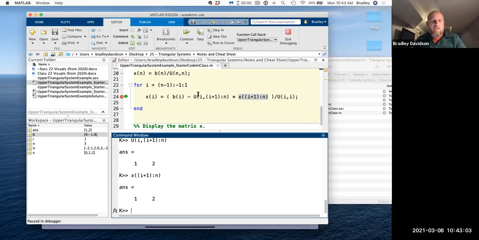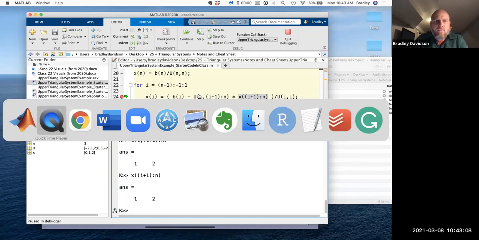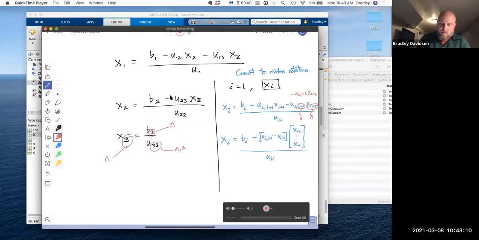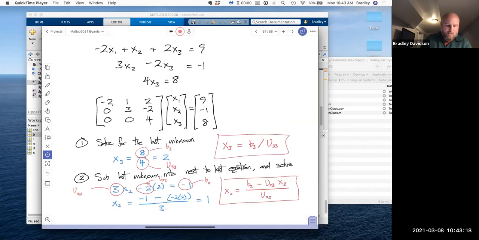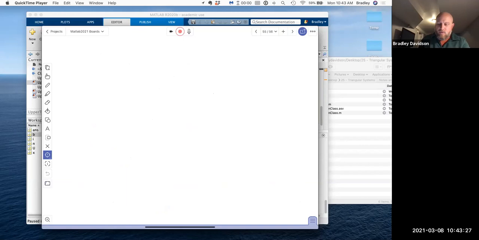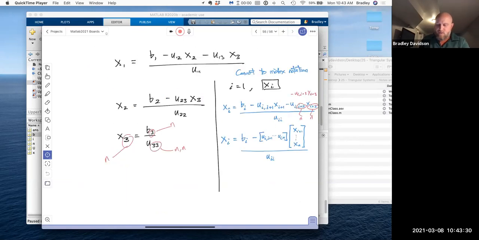So what's happening here is, for this step, where we're taking our u1, 2, and then we're multiplying it times x2, x3, we said we need this step to be a row matrix multiplied times a column matrix.